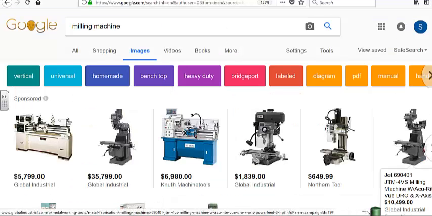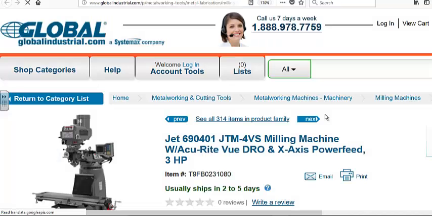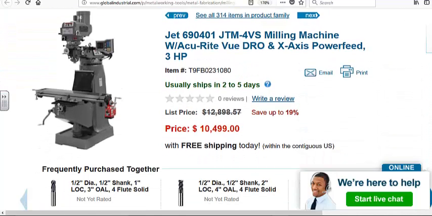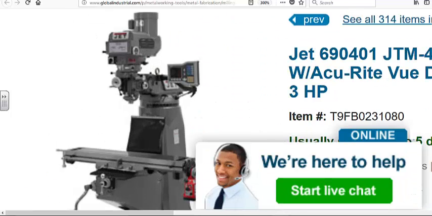Now, this is what a milling machine looks like, or at least one kind of milling machine. So let me zoom in a little bit on that thing. Now, the way a milling machine works is you still have, it's kind of like a drill press.